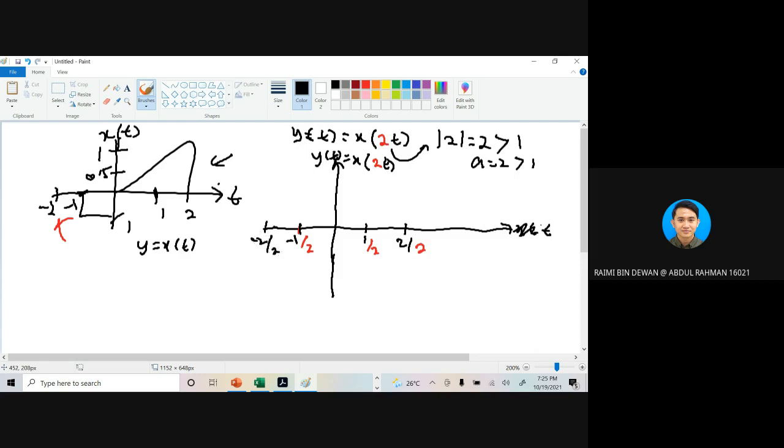Of course, this is just for your understanding. You don't have to write like this. Later on you can just write this one as 1, and this one as -half. This is just for your understanding.